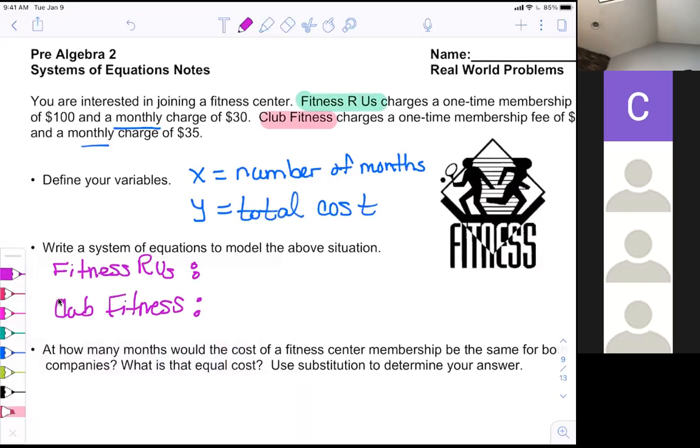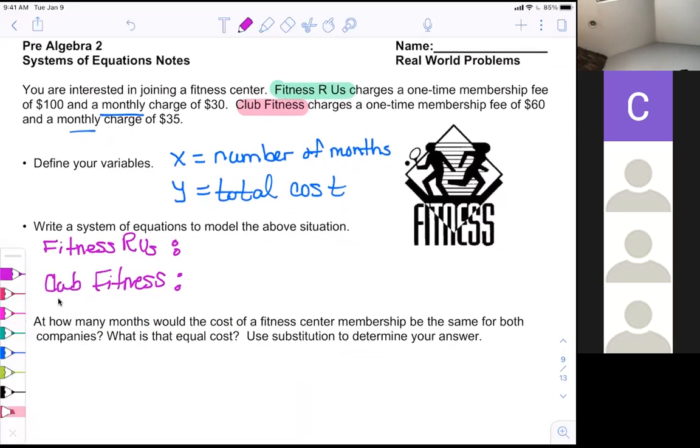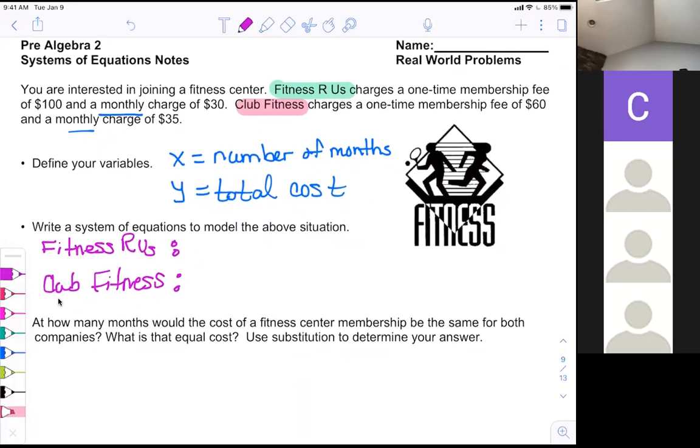So each company gets its own equation. Let's try to write the equation for Fitness R Us. There is a one-time membership of $100 and then a monthly charge of $30. So we have to decide what to do with the monthly charge and what to do with the $100 one-time fee.